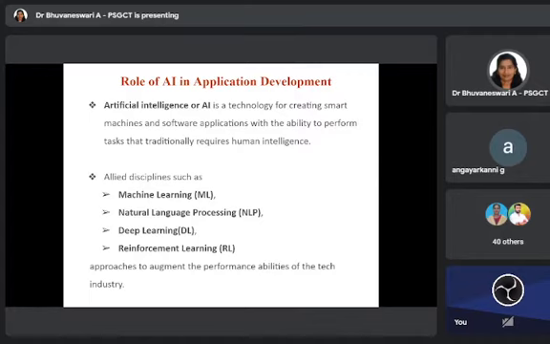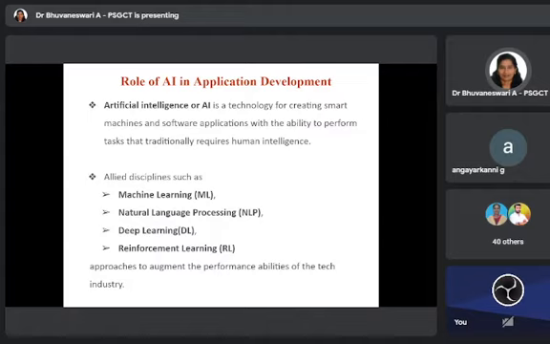So AI technology enables an application to be smarter, with the ability to perform tasks that traditionally require human intelligence. This feature was enabled with the support of its evolved disciplines of machine learning algorithms, natural language processing systems, deep learning models, and nowadays reinforcement learning models are prevailing.